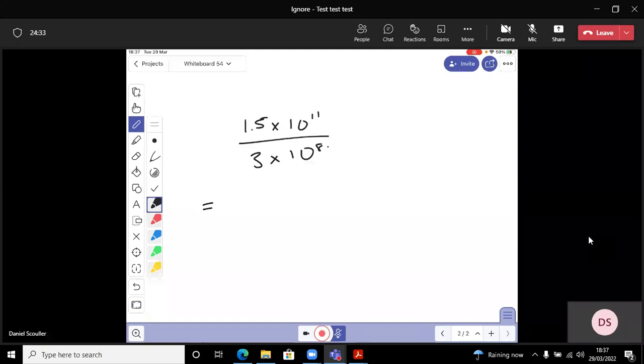Or, as it asks for scientific notation, you could write it like that if you want: 5 times 10 to the 2 seconds.